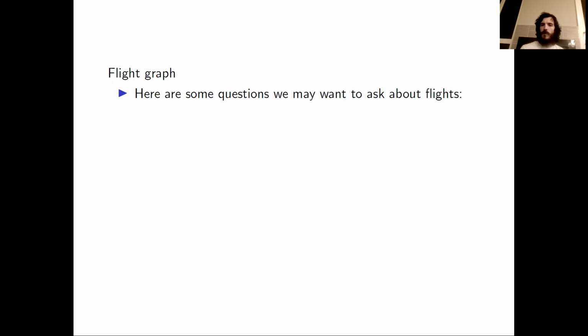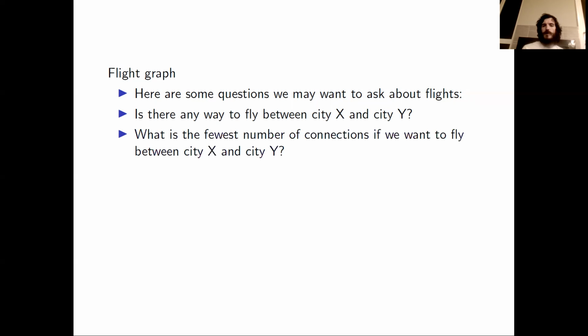So before we get to the adjacency matrices, let's look at some questions that we might want to ask about a flight graph. First, if we have two cities in this graph, X and Y, is there any way to fly between city X and city Y? Another question.